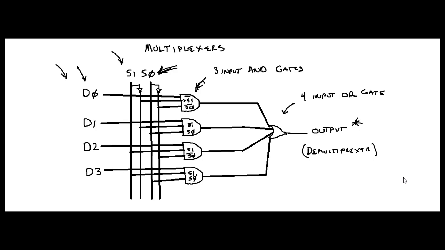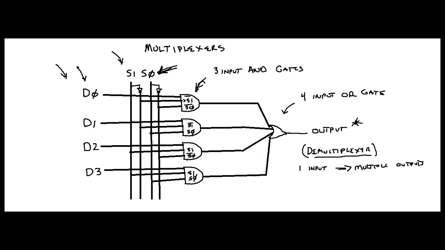One thing I wanted to bring up before I ended this video is the concept of a demultiplexer. So it's basically a multiplexer in reverse. Basically with a demultiplexer you have one input and then you can send it to one of multiple outputs, right?